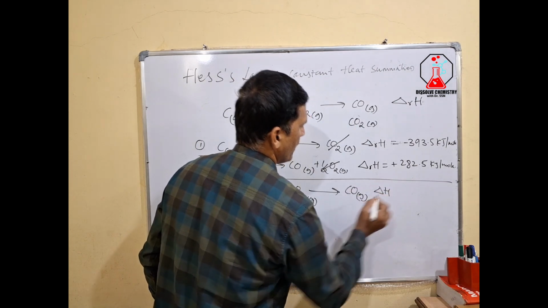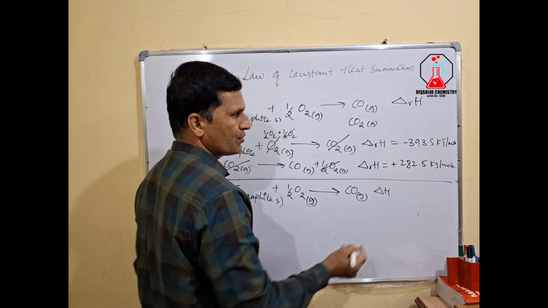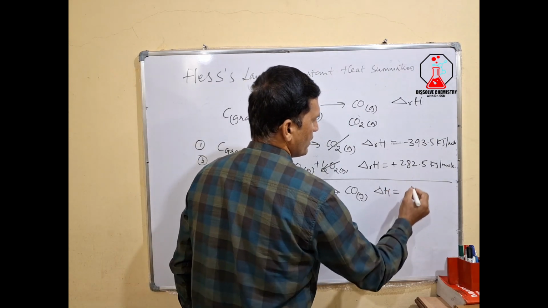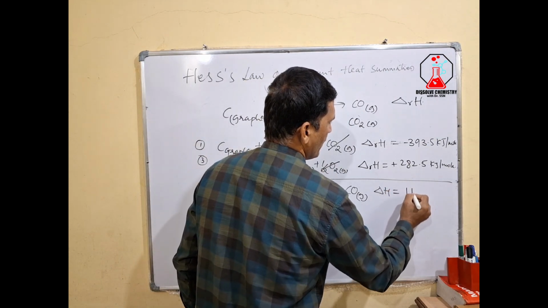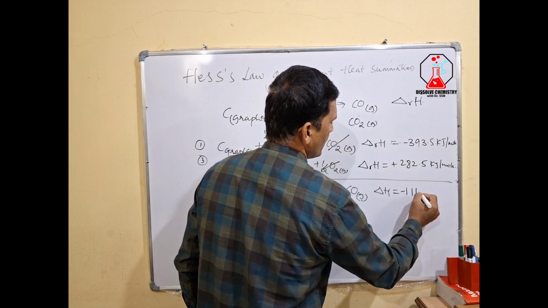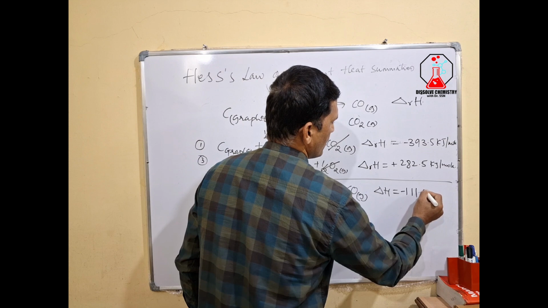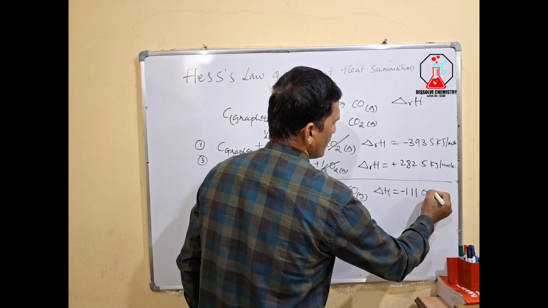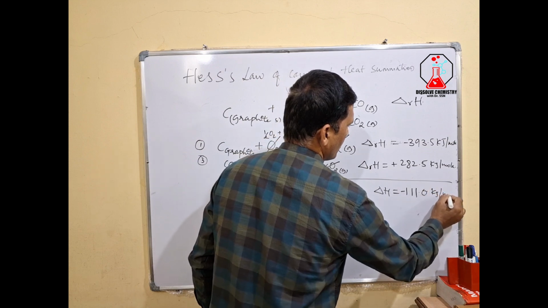Delta H is equal to the sum of these two, which gives 111 kilojoules per mole.